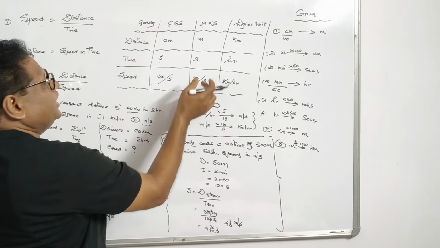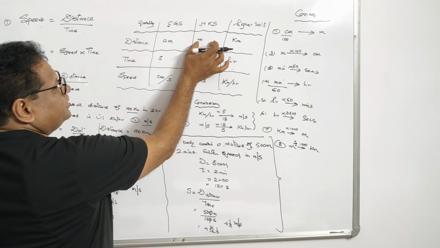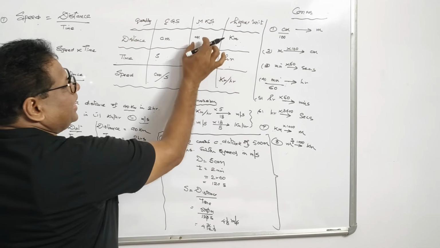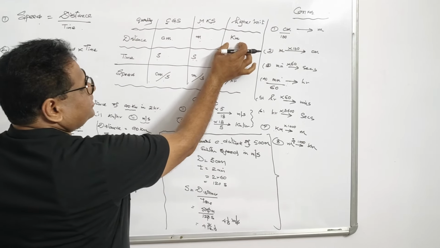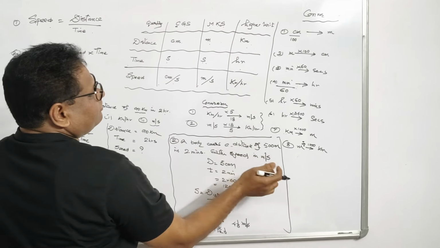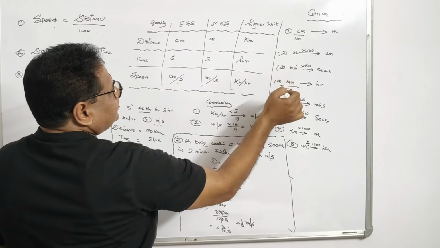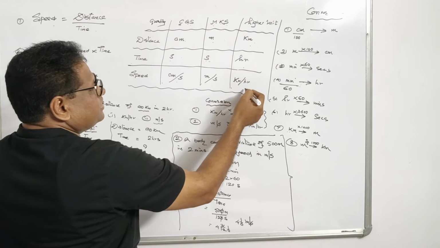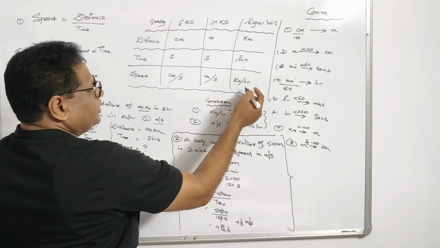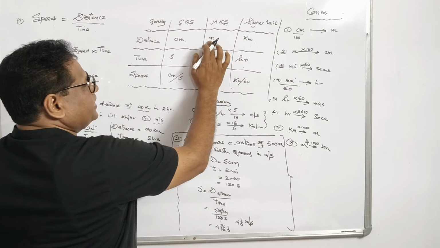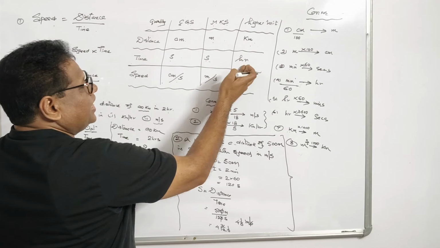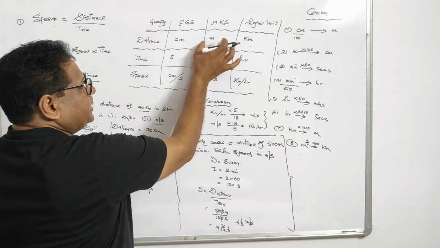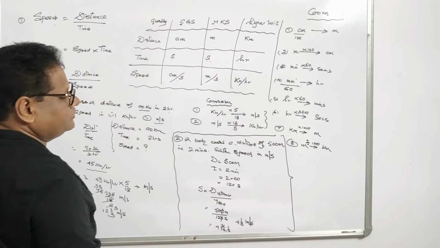Or if the question is in meters and the time is in hours, you have two options: either convert meters to kilometers using these conversions, and after that maintain the same system, kilometer per hour. Or if the distance is in meters and time in hours, convert hours into seconds so that you can follow the same unit, meter per second.